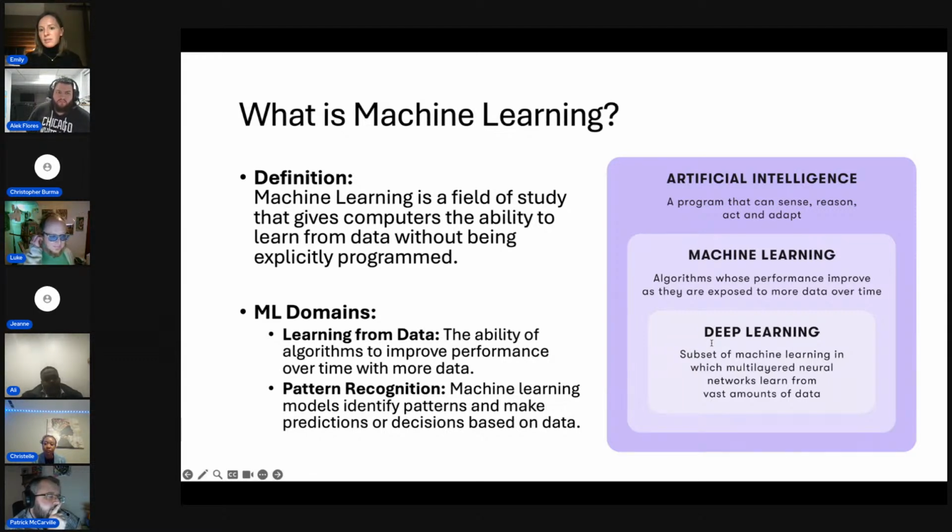We will not focus on reinforcement learning, and I'll describe that in just a minute, three slides. Deep learning is a subset of machine learning, a subset of artificial intelligence focused on multi-layered neural networks, and having those neural networks learn from vast amounts of data.